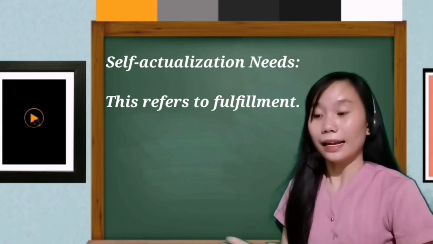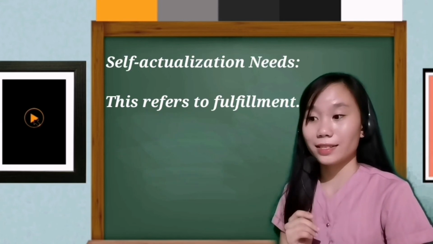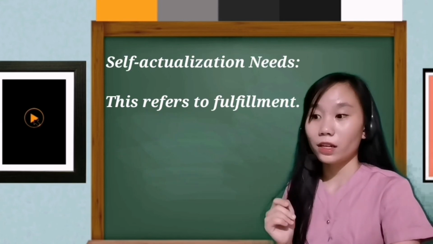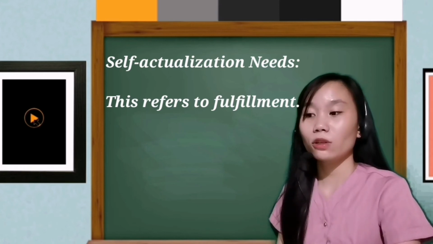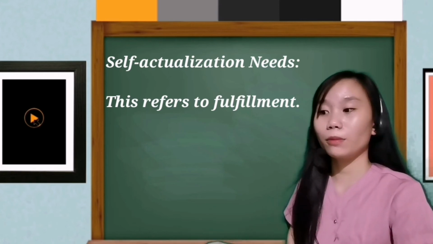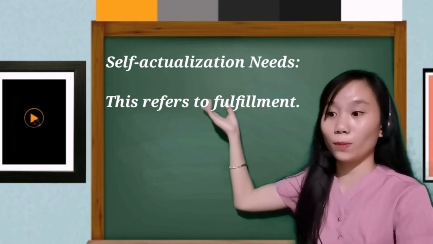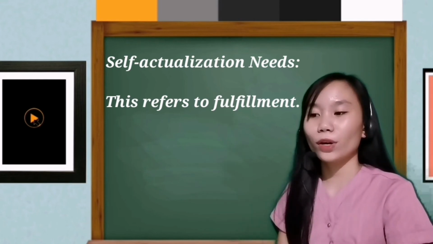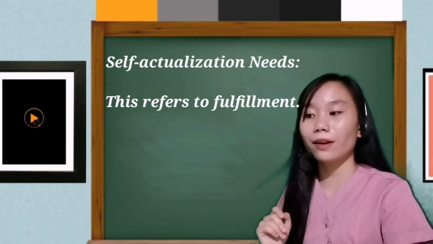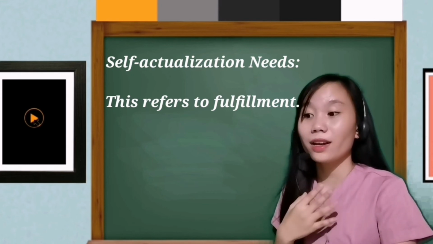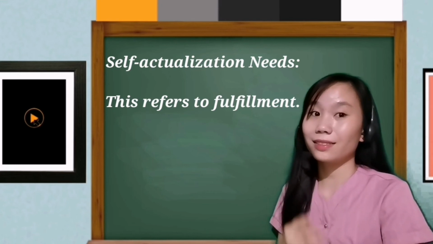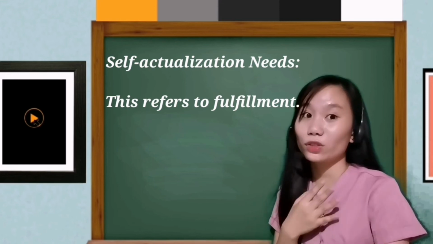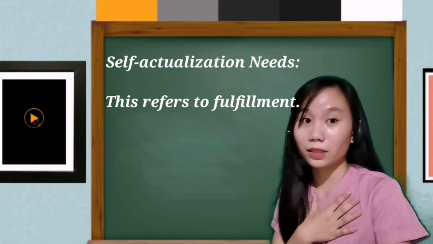And the last need is the self-actualization needs. This level represents the culmination of all the lower, intermediate, and higher needs of human beings. In other words, the final step under the need hierarchy model is the need for self-actualization, and it refers to the fulfillment of the man.